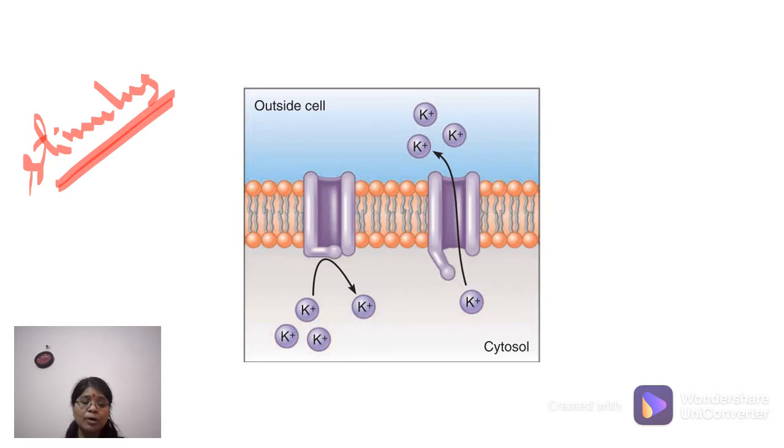You can see that here is the gate, and this gate is opening. Suppose there is a stimulus, it could be a molecule binding to this and causing the gate to open, or it could be a difference in potential of the membrane. As you read, you will come to know about it. So any stimulus could cause this gate to open.